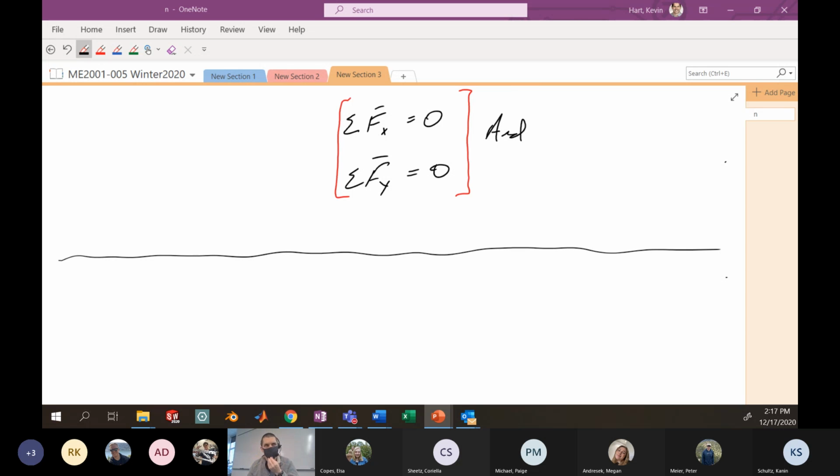Because we now have this tool in our math tool bag that tells us if our particle's in equilibrium, the sum of the forces is equal to 0, we want to be able to accurately analyze some system that exists in the world and draw forces on that thing appropriately, so that our initial drawing for our summation of forces is correct. This is one of the more important topics in this class, and we'll be doing a lot more of this once we get back from Christmas break, looking at space and free body diagrams.